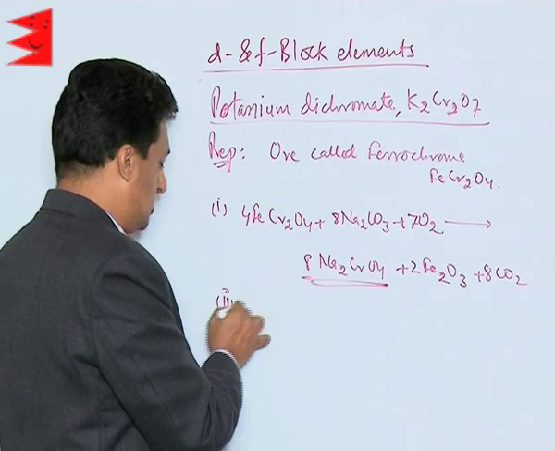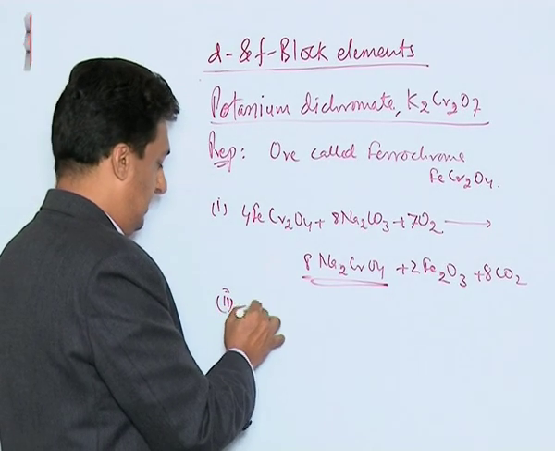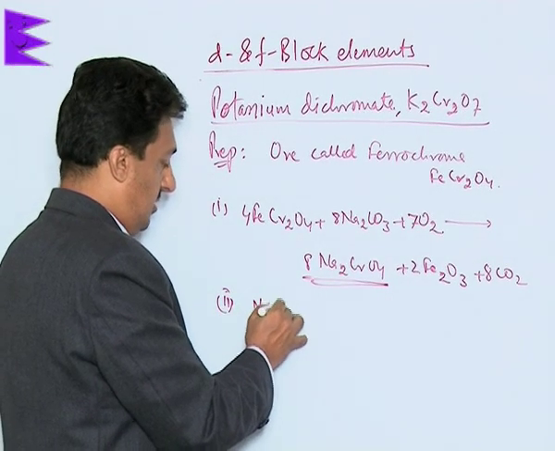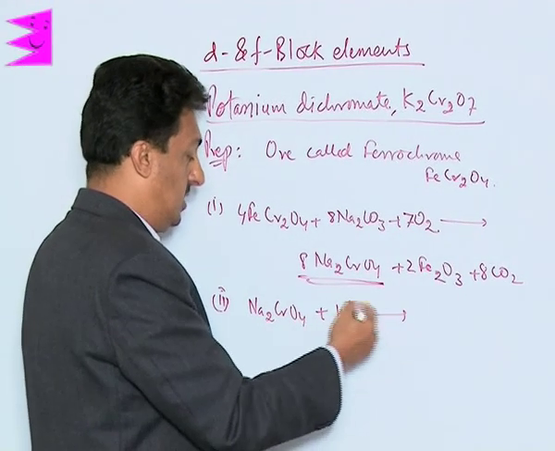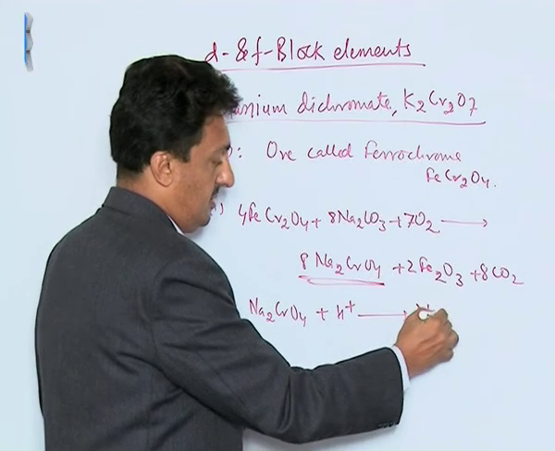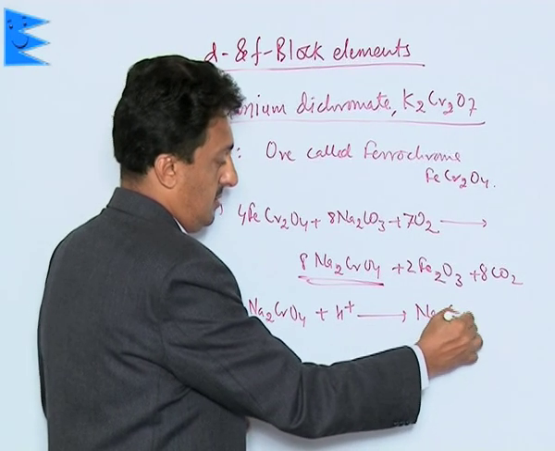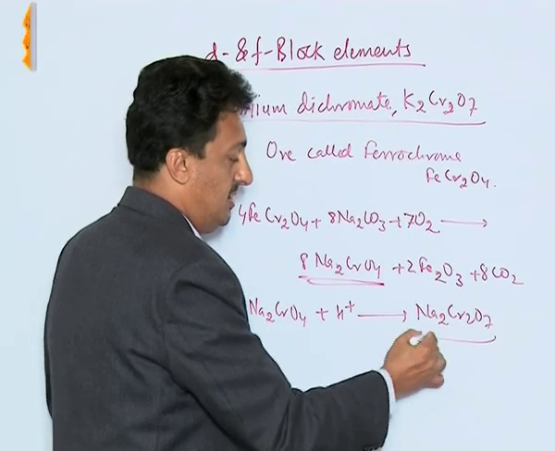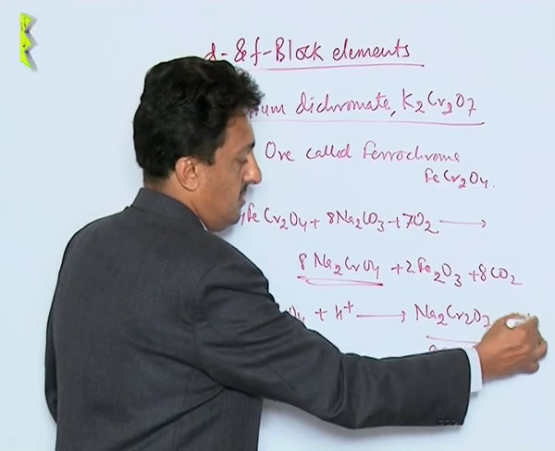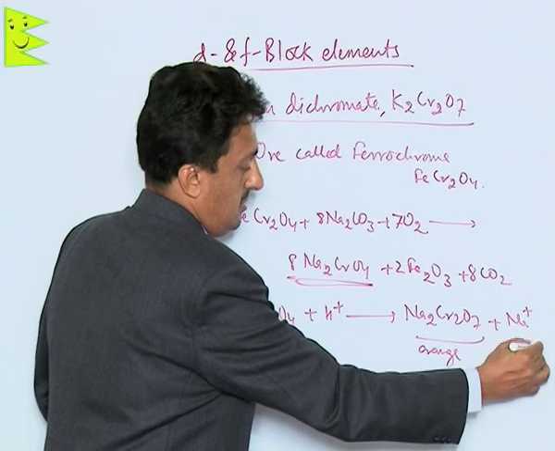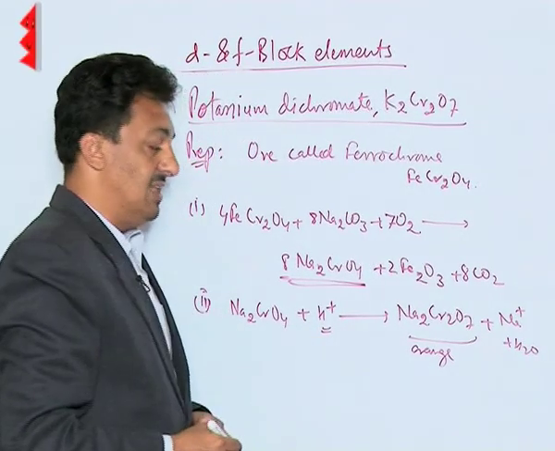This yellow colored sodium chromate is then converted to sodium dichromate, orange colored sodium dichromate, by treating with sulfuric acid.